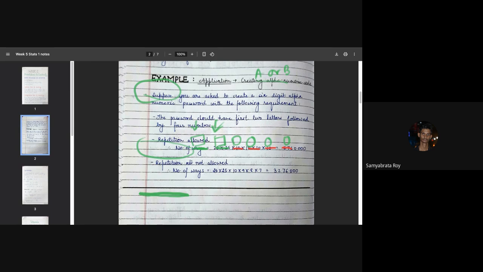There might not be the same thing, but you will not be discarding it if the letter is being repeated, and same goes for the numbers. A particular number can repeat 4 times. That you are allowing, right? Cool enough?